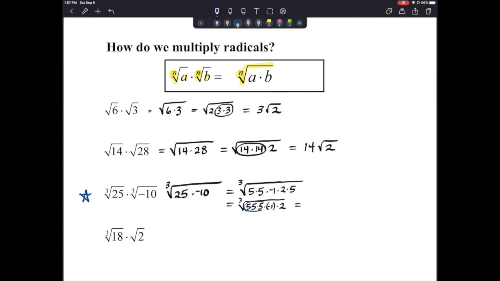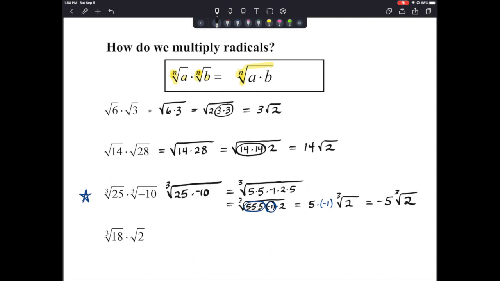Well, our 3 5s, we'll pull a 5 out. Negative 1 is a perfect cube. Think about it. Negative 1 times negative 1 times negative 1 is negative 1. So that is a perfect cube. So we're going to pull out a negative 1 as well. And then what's left over is the cube root of 2. So we multiply it together. We have negative 5 times the cube root of 2. And that is our answer for that one.